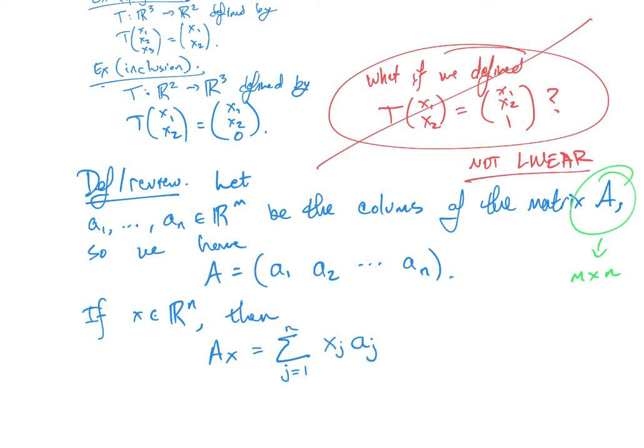And we would see we have here a linear combination of a bunch of columns. Each of those columns is a vector in Rm. So we would get that.